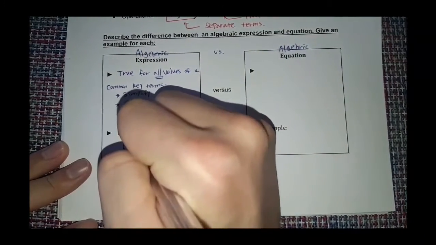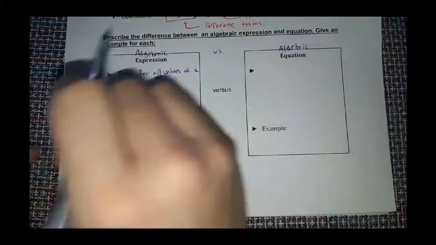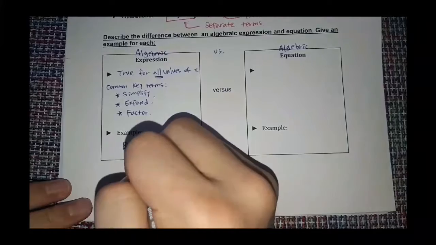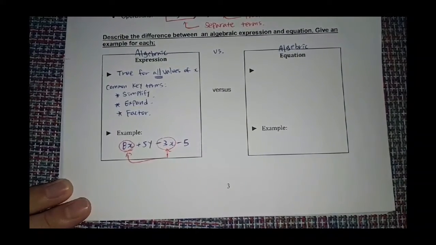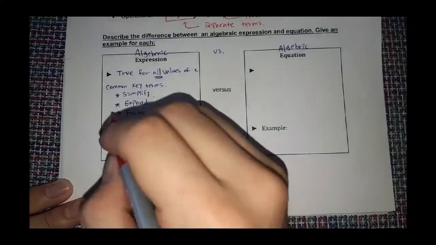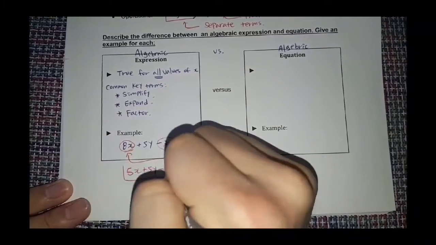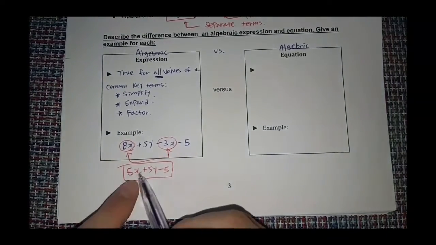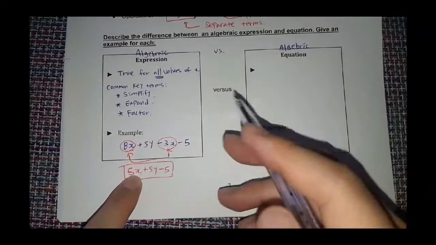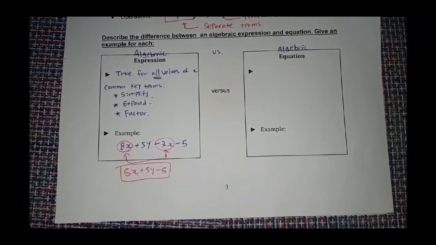An example can be 8x plus 5y minus 3x minus 5. And if you remember the previous unit, these two are like terms, so we can combine them as 8 minus 3. So that's 5x plus 5y minus 5, something like that. And note the fact that x can be any value that we can substitute. It can be negative 3, positive 4. You got the idea.